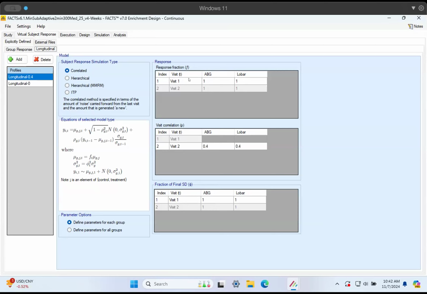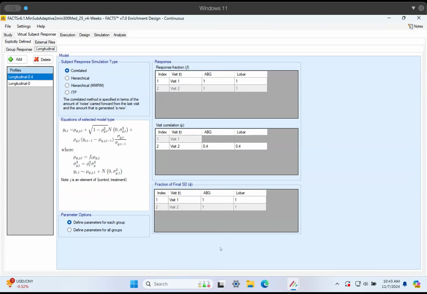But with this device, with this trial, what happens is you get the surgery, you're discharged, and the effect shows up right away. And so we don't think that there's a response fraction that's less than 1 at visit 1. So we're going to leave that at 1. It's the same thing with the standard deviation. We think we see the full effect, the full variability after discharge, after the procedure. And so we're going to leave that at 1 as well.